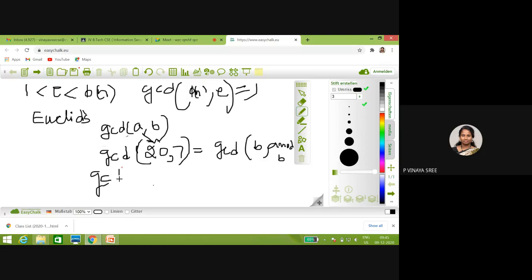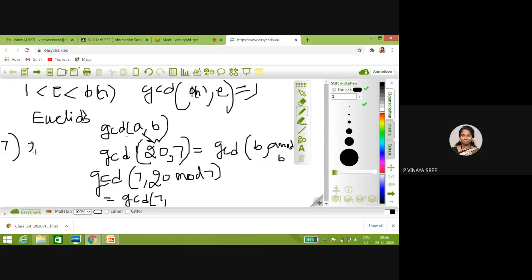So GCD of 7 comma 20 mod 7, which is equal to GCD of 7 comma, what is 20 mod 7?